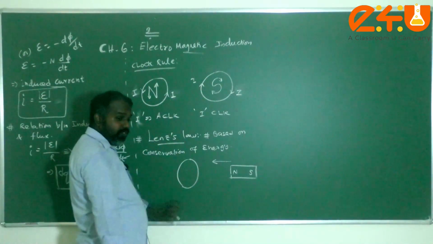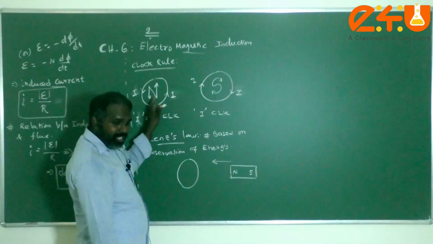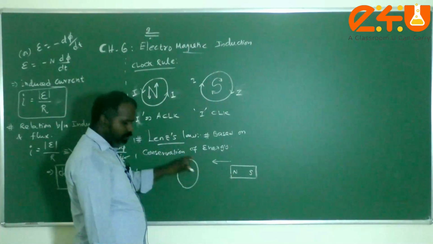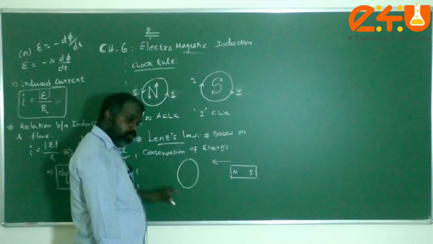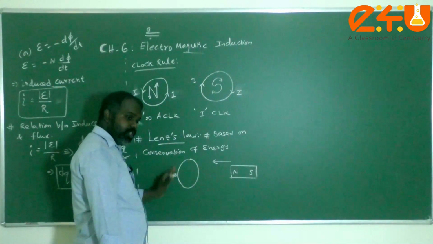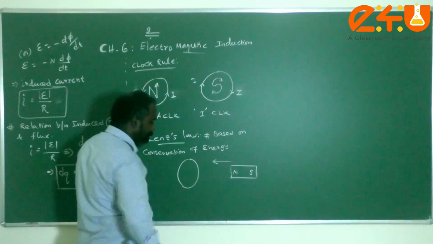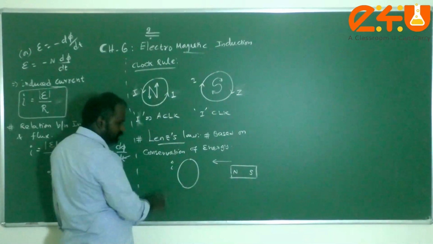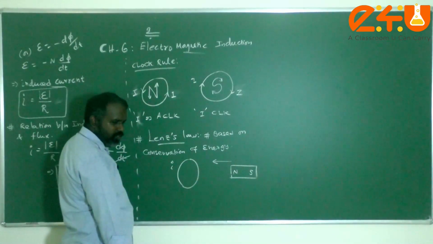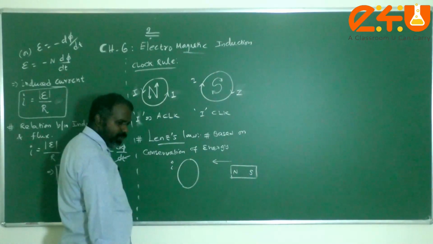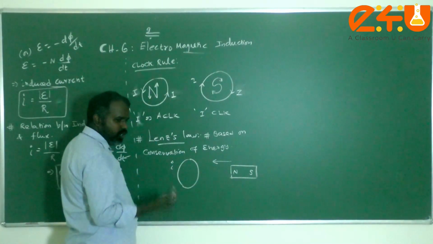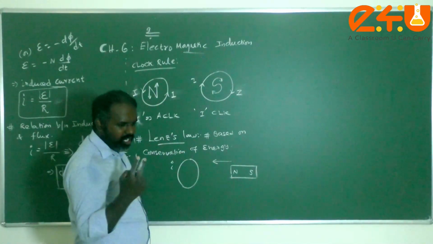That induced current will produce a magnetic field, as we discussed. So when the flux changes, the induced current is produced in the loop, and it produces its own magnetic field. Now, I do not know the direction of the induced current, but I am just taking it as I. When the current I is induced in the coil, I can assume two cases.